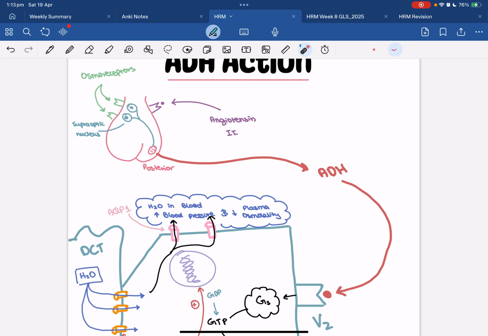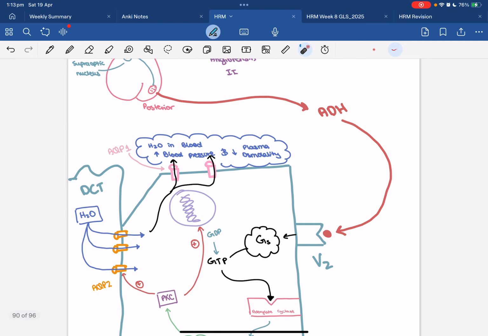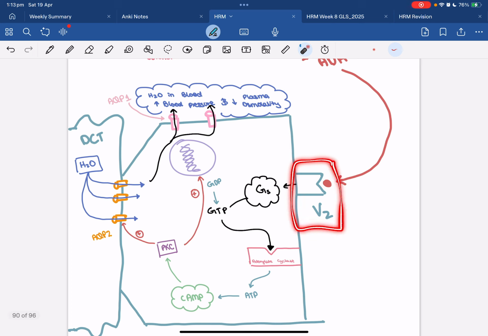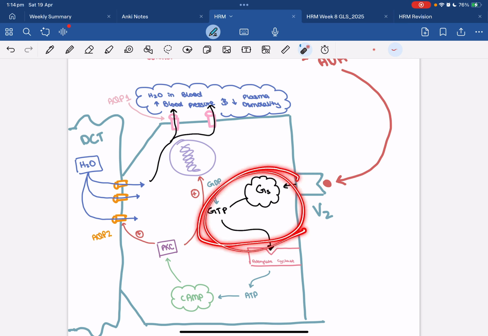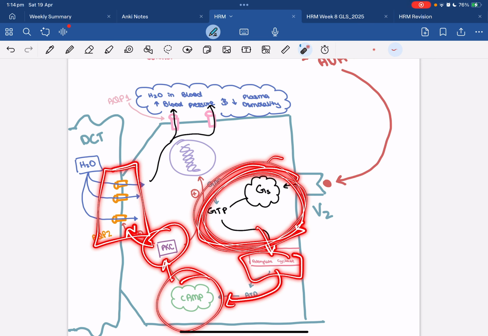You just need to know that from the posterior pituitary, antidiuretic hormone gets secreted, and it binds onto these V2 receptors on the principal cells of the collecting duct or the distal convoluted tubule. It goes through a cascade, makes adenylate cyclase, which helps to make cAMP, protein kinase, which can help to stimulate the production of aquaporin 2.